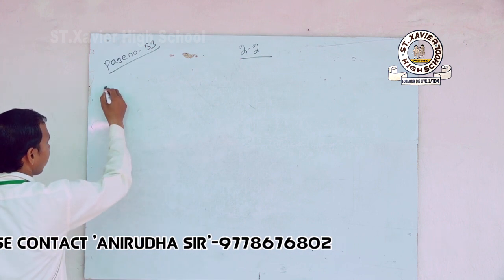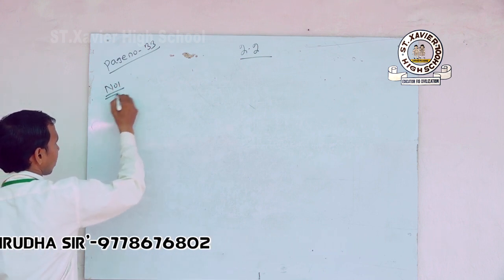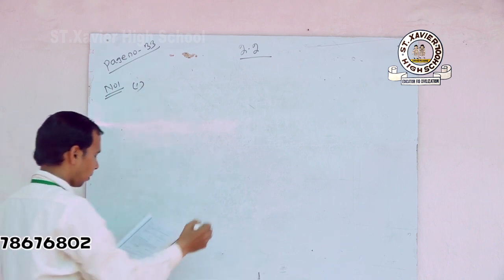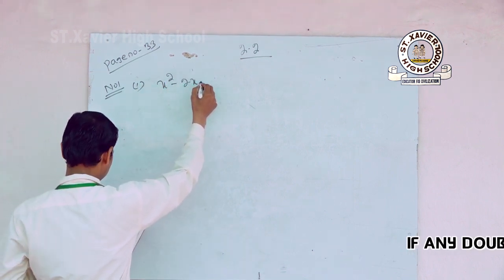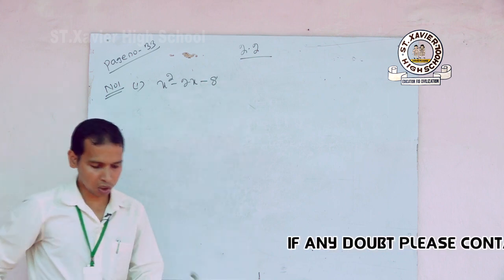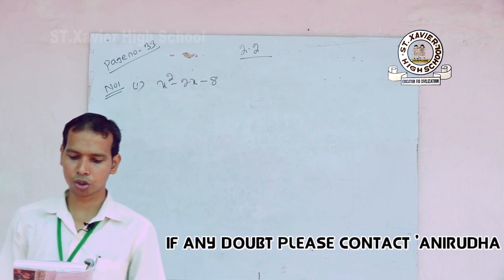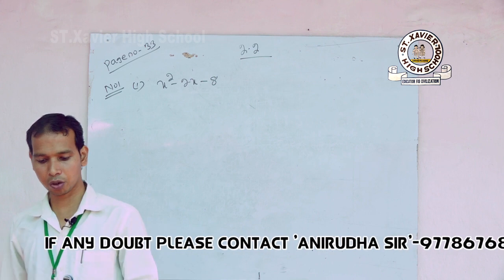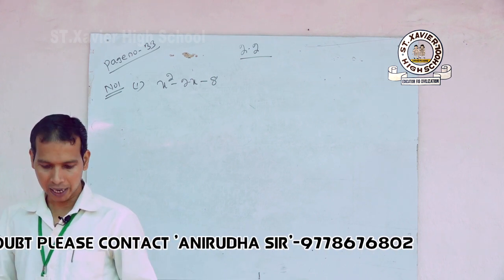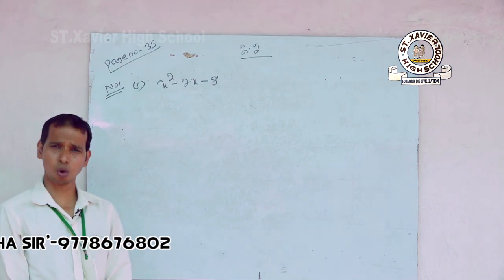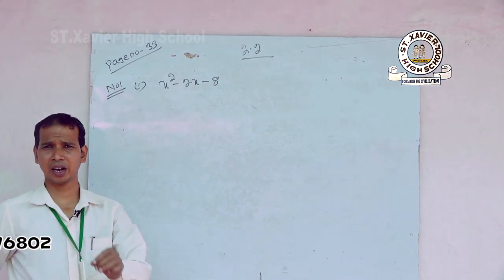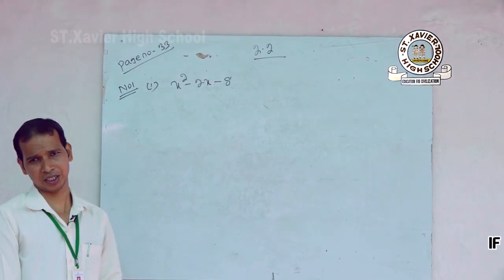Okay. Number one, first bit here is x square minus 2x minus 8. Question here: find the zeros of the following quadratic polynomials and verify the relation between zeros and coefficients. We have to verify the relation between the zeros and the coefficients.